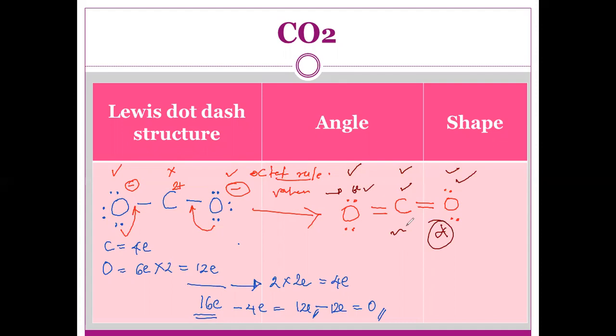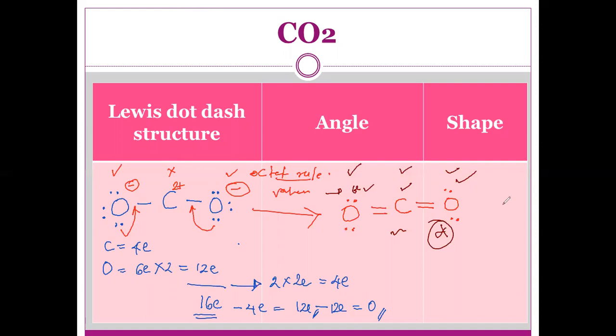This is the way to draw the Lewis dot structure. Let me recall what we had done under 2.2. So from this, how can you determine the angle?